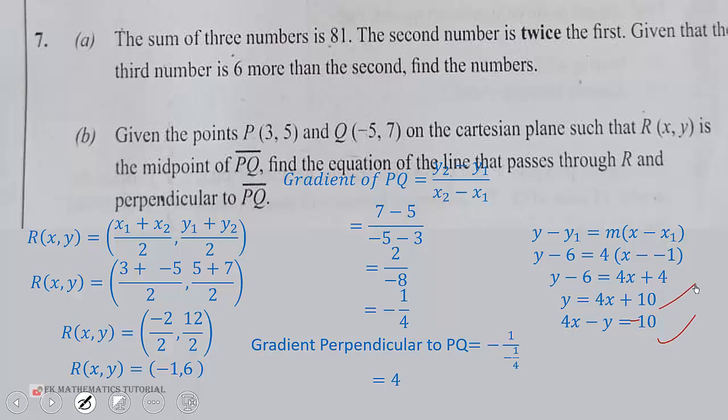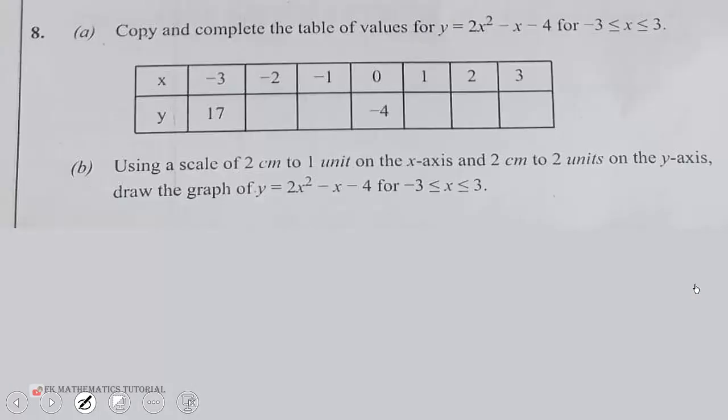They're the same thing. Now let's look at question number 8. Copy and complete the table of values for y equal 2x squared minus x minus 4 for negative 3 less than or equal to x less than or equal to 3. So we just have to input the values.